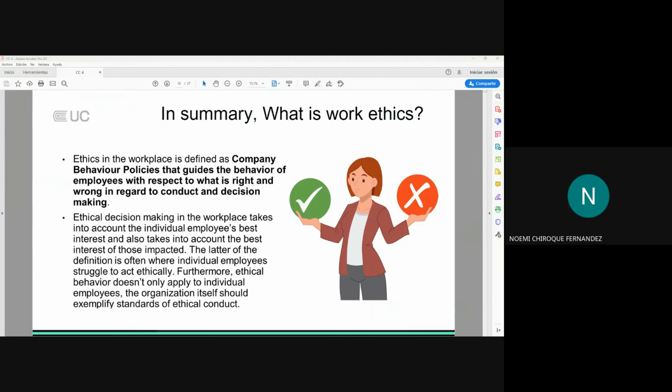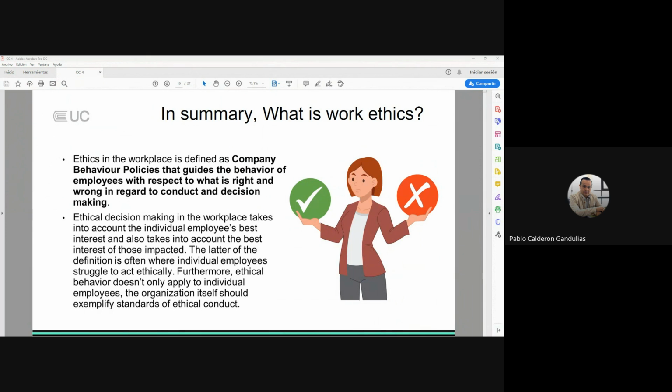They intern across the individual's employee best interests and also takes into account the best interests in the teams impacted. The later of the definition involves teamwork, individuals employees strongly to act critically, furthermore ethical behavior doesn't only apply to individual employees. The organization is shown example standard for ethical conduct. Thank you very much.